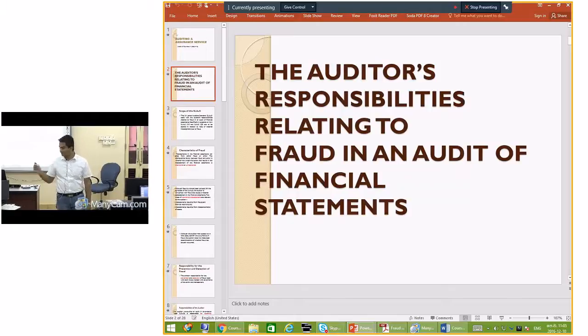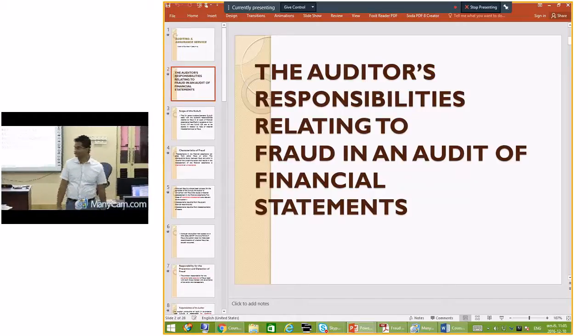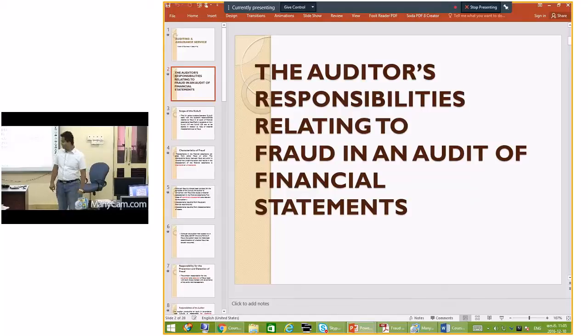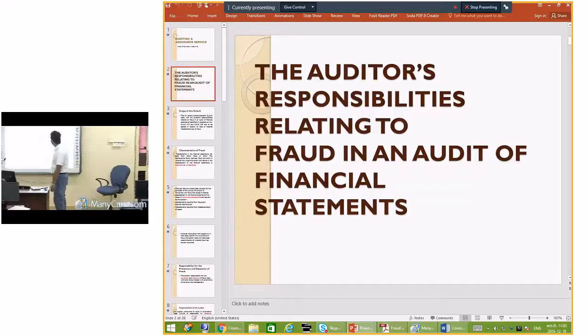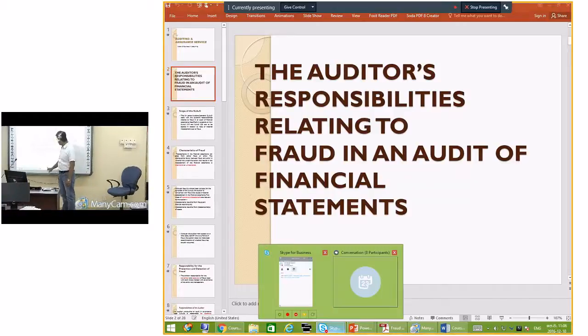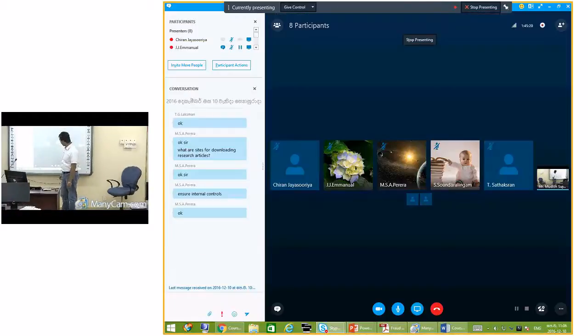I have uploaded one PowerPoint on forensic accounting as well. If time permits, we can work on that as well. These are the areas I want to discuss about SLAS 240, the auditor's responsibility on fraud. Those who are online, any comments?